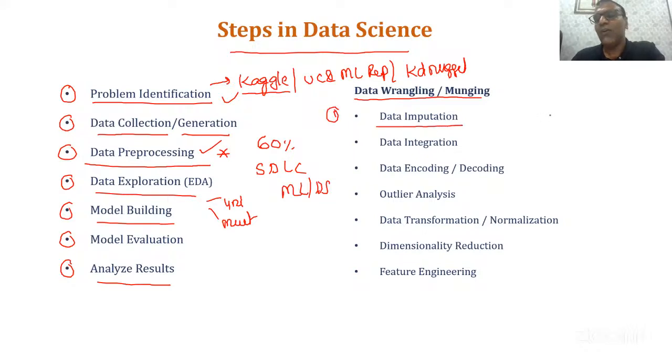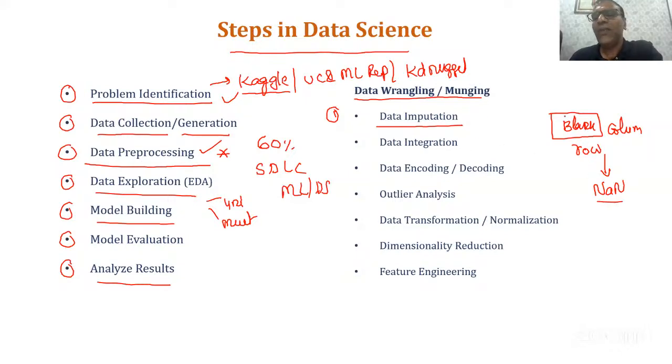For example, if I'm taking Excel data, every Excel data will have cells. It is a combination of row and column. Now, if any cell has blank data, this data will be represented as NaN, that means not a number.